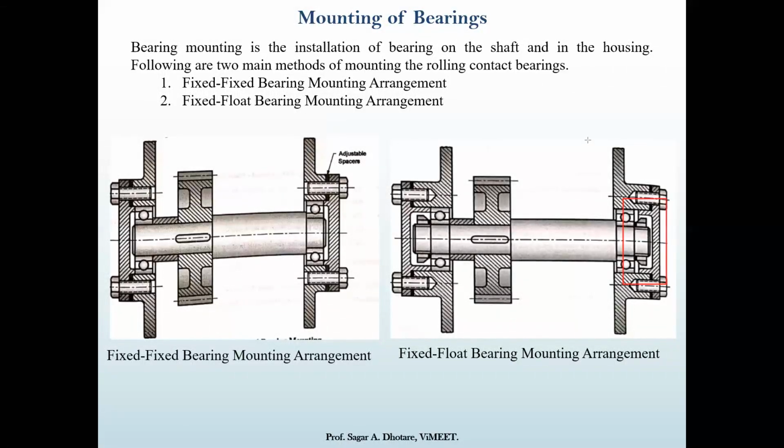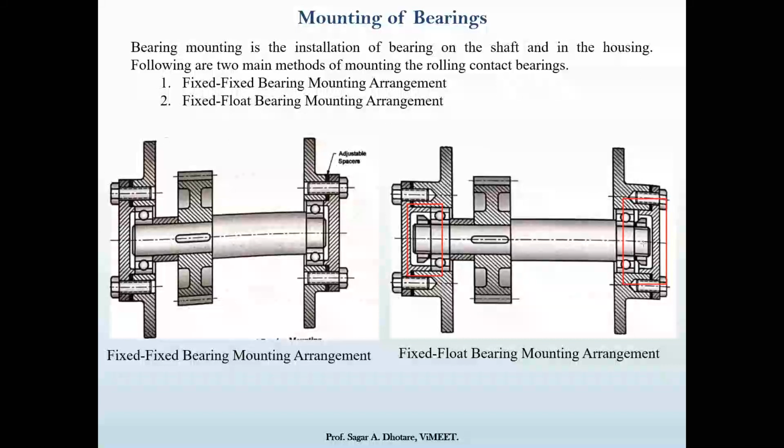This one is the locked one, and this one is the floating one. The locked one is locked with the help of the shoulder, which is directly connected on the shaft, and at the other end a threaded nut is provided, so it can adjust the spacing.